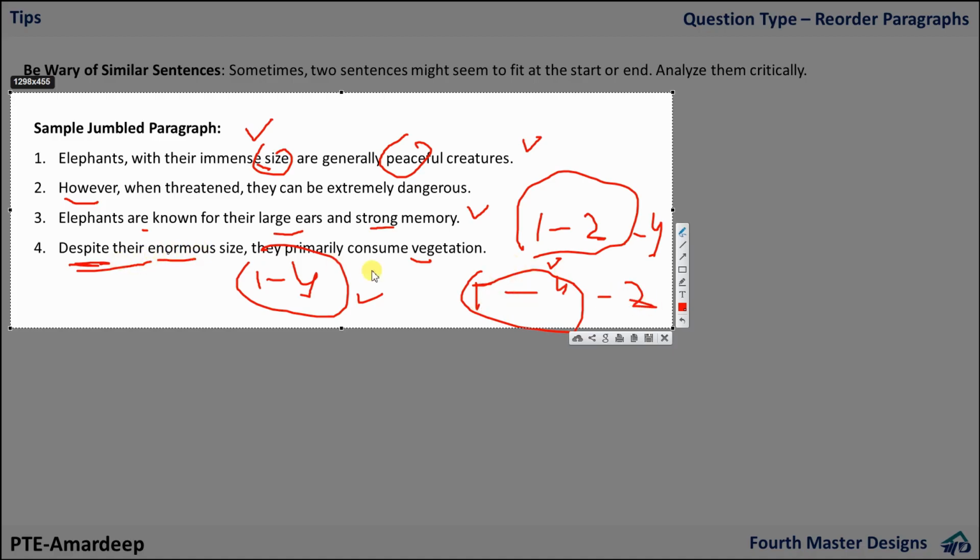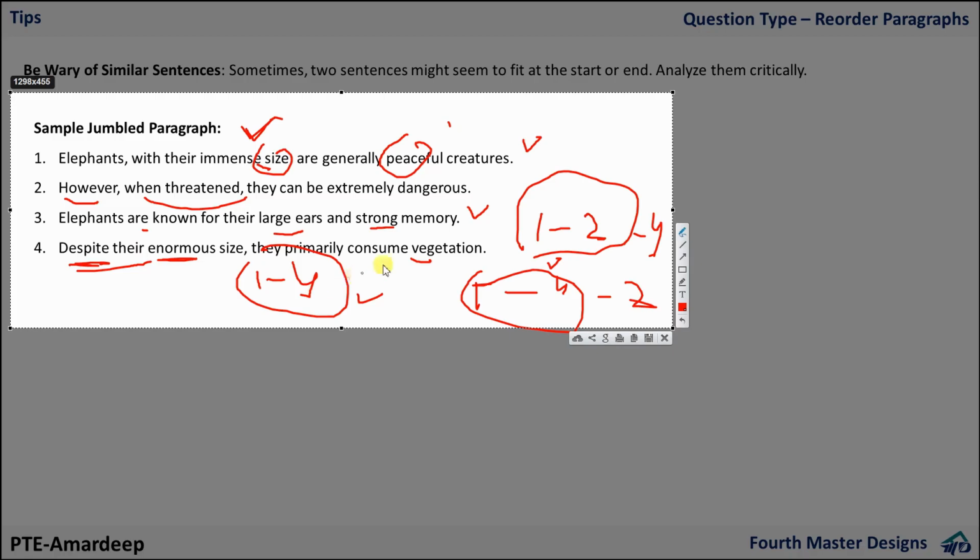"Despite their enormous size": you cannot go for number fourth after second. Why? Because in second they did not talk about size, and they are not talking about eating habits. So they are saying they have immense size, peaceful creatures.